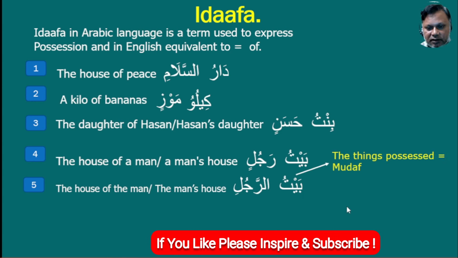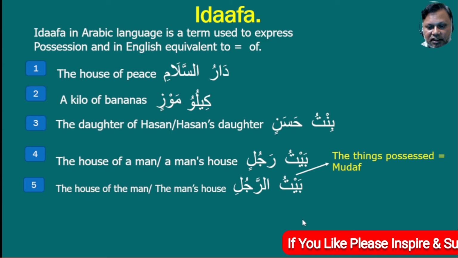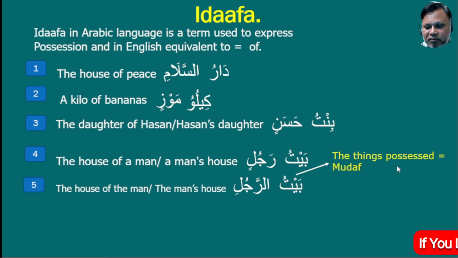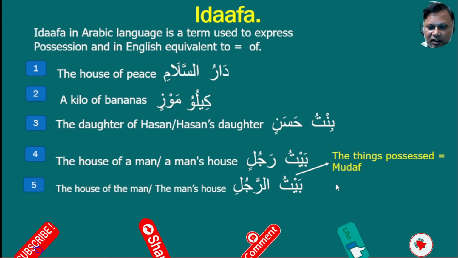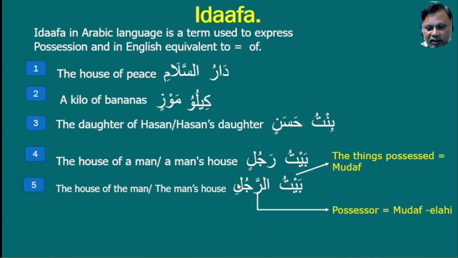In this sentence, between the first noun and second noun, there is a relation. The first noun is the thing that is possessed by the second noun, and the first noun is called mudaf, and the second noun, the possessor, is called mudaf ilahi.